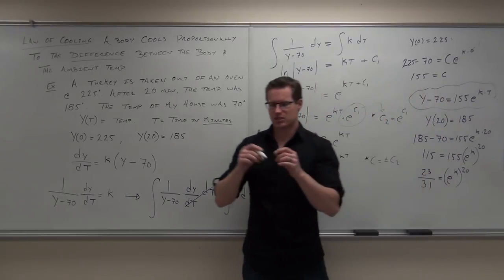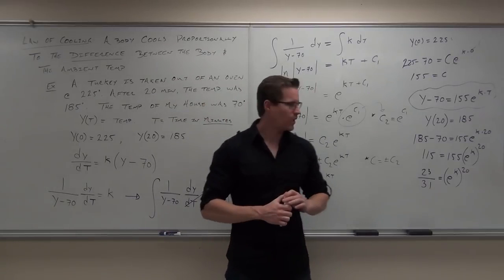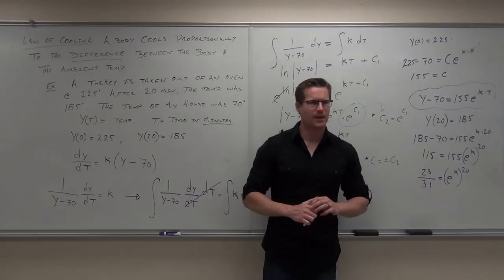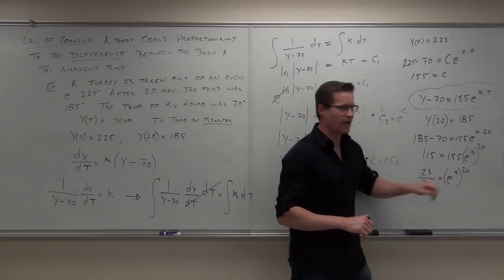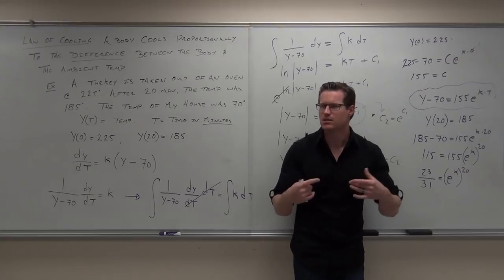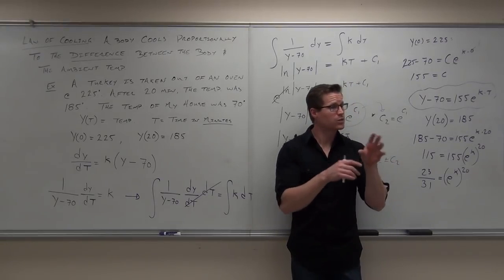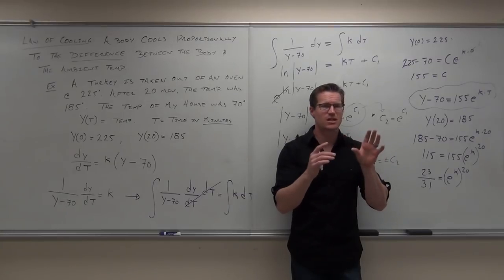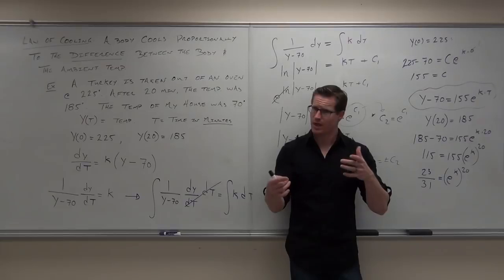Now let's get rid of that exponent. How do we get rid of that exponent? No, I don't want to do ln right now. I want to leave the e to the k, because what I'm going to do is substitute for this whole entire piece right there. How do we get rid of the power of 20? By multiplying our exponents together, we're taking each side to that power.